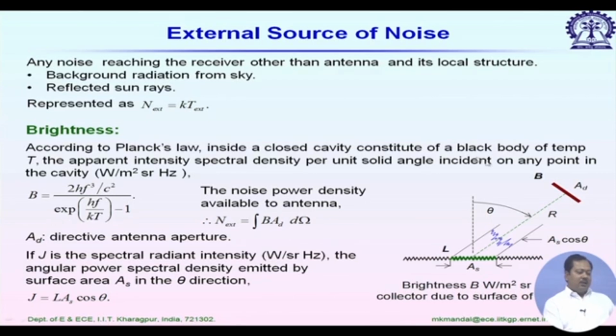Now, what is a black body? A black body is called a perfect absorber or perfect emitter at the same time. So whatever it absorbs, the whole power it also re-radiates. Or the absorption coefficient is 1. Similarly, its emissivity is also 1. Now let us consider a closed surface.